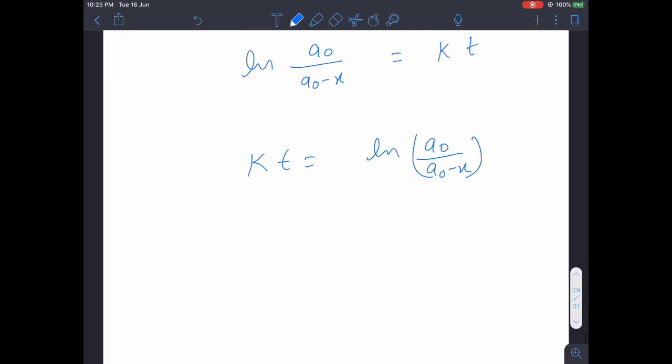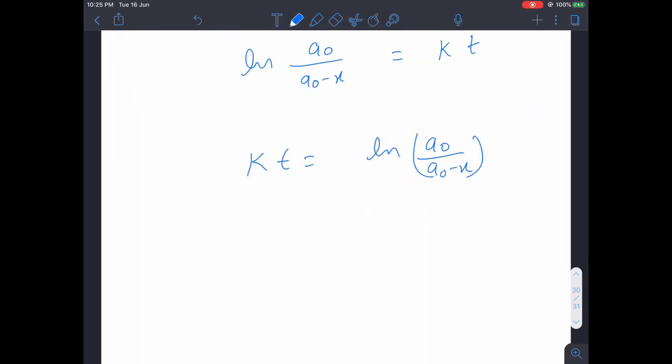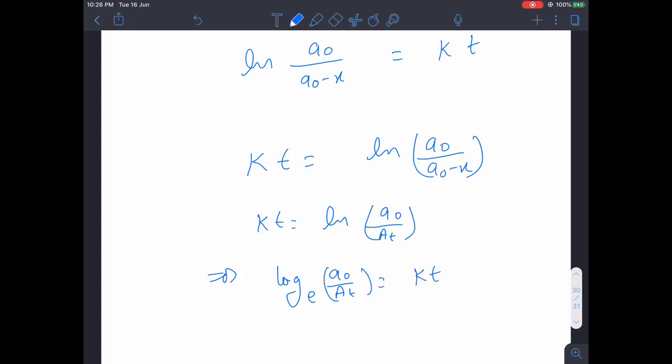So, if we have to figure out the concentration of A as a function of time, then look at this term. A0 minus x is nothing but A at time t. So can I write like this, that K into t is equal to ln A0 upon A at t? Now what is ln? ln is nothing but log to the base e of A0 upon A, and that is equal to K into t.